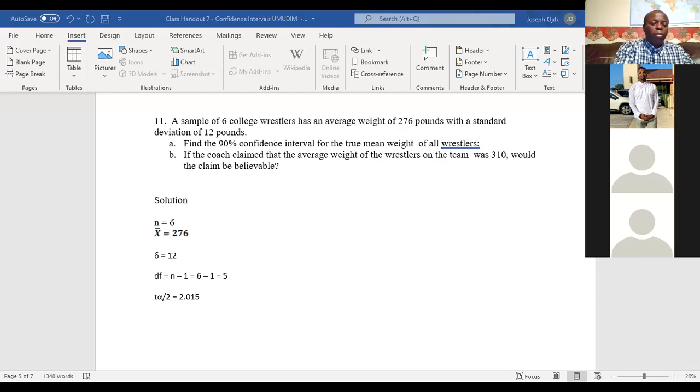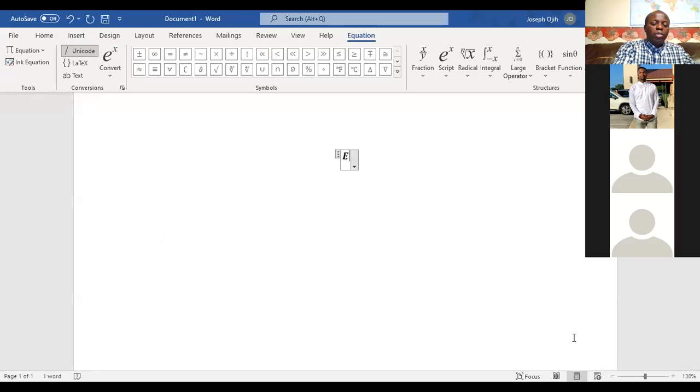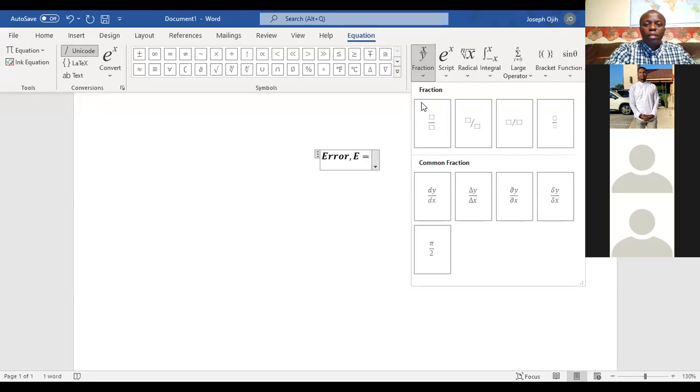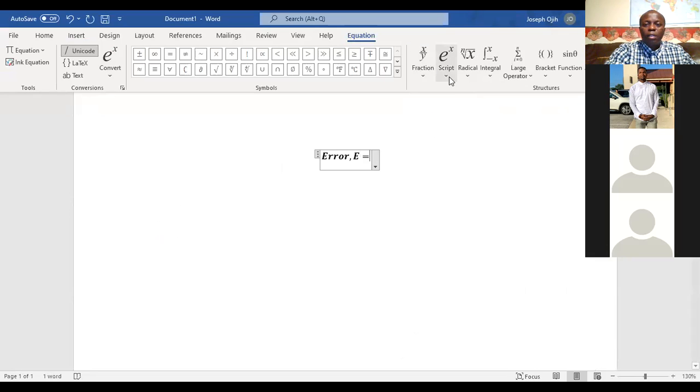So the error margin E equals t alpha over 2 times the standard deviation over the square root of n.